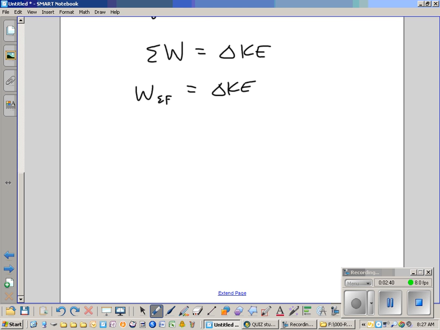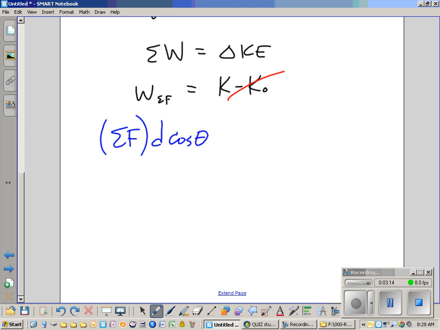All right? So, change in kinetic energy, let's go back and look at that. We can just say it's going to be K final minus K initial, right? And what's our initial kinetic energy? 0, right, because we start from rest. Its initial velocity is 0, so it has 0 kinetic energy. So the work done by the net force is going to be equal to the net force times the displacement times the cosine of the angle.